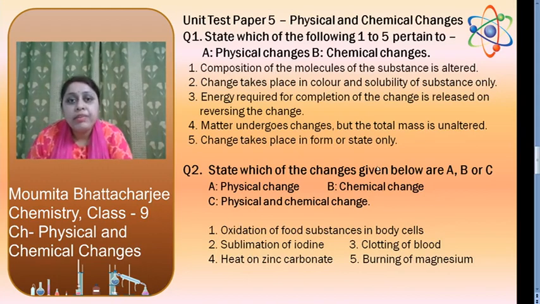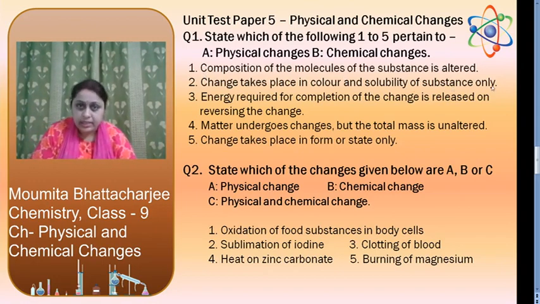Now we will solve the unit test paper given at the back of the chapter Physical and Chemical Changes in your book. State which of the following 1 to 5 pertain to physical change and chemical change. First one, composition of the molecules of the substance is altered.